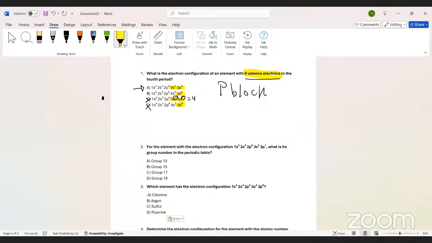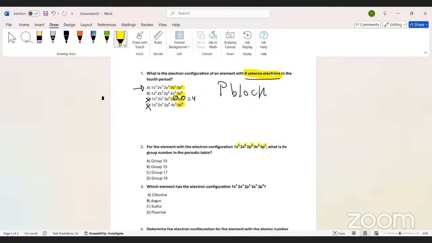Actually, there are 2 different ways we can do it, okay? You can easily add up these superscript numbers. Let's start here. 2 plus 2 plus 6 is 10. Plus 2 is 12. Plus 1 is 13. So because I added up those little superscripts, that 13 tells me 13 electrons, right?